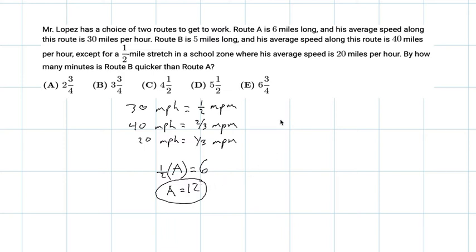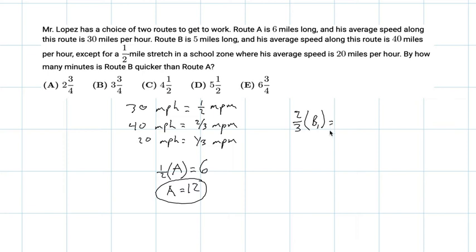Next, we're breaking up B into two sections of minutes, because there's a half-mile stretch where you're going 20 miles per hour. So we'll start with this one: 2/3, which is the 40 miles per hour. Let's call that B1.